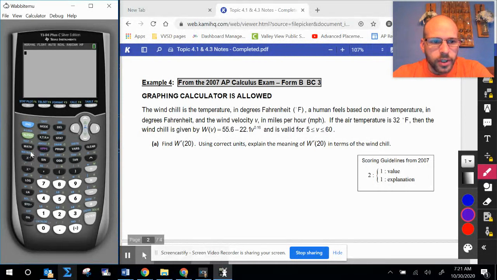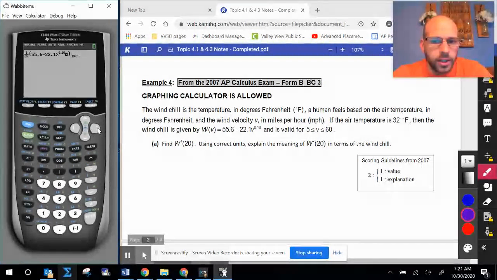So, ladies and gentlemen, I'm going to use my calculator here. If you hit math number 8, we can have this calculator do the derivative for us. So 55.6 minus 22.1, I'm going to use x instead of v, raised to the 0.16 power.